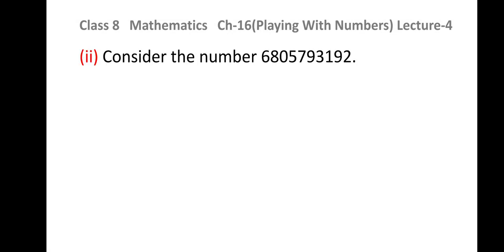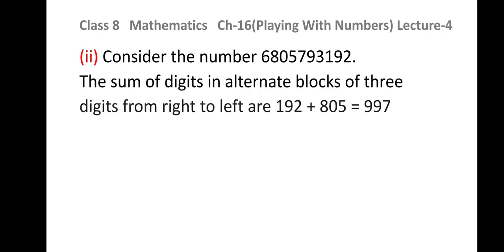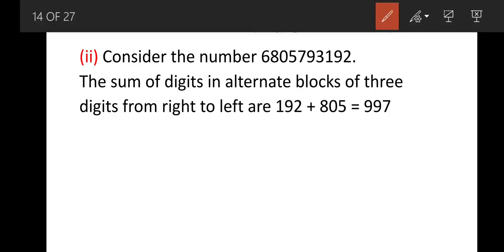Consider this other number. What does the rule say? I need to take the difference of the sums of the digits in alternate blocks of 3 digits from right to left. Let us make the blocks now. The first block is 192, I am putting a tick mark.